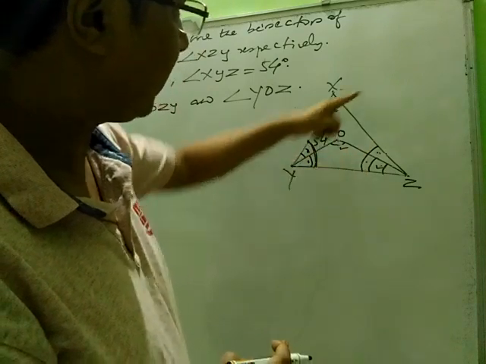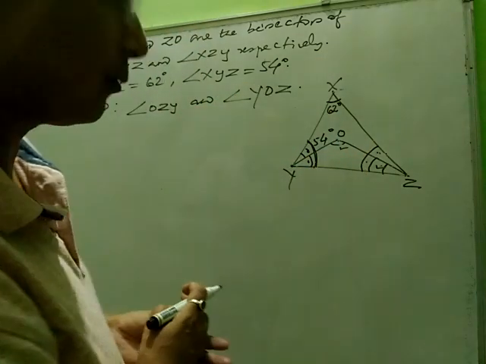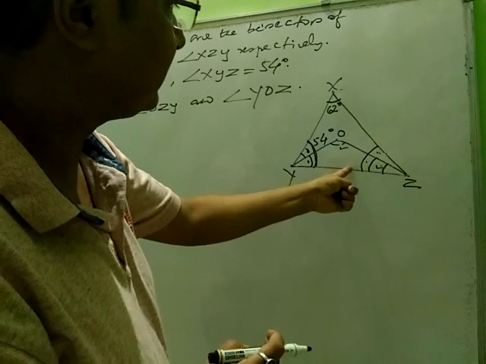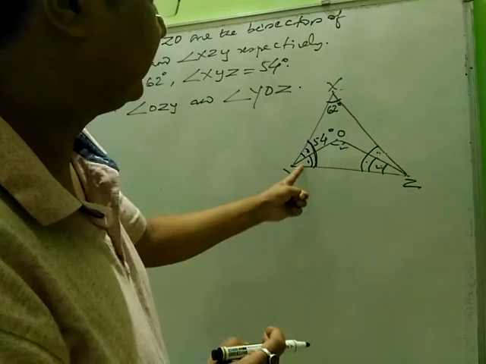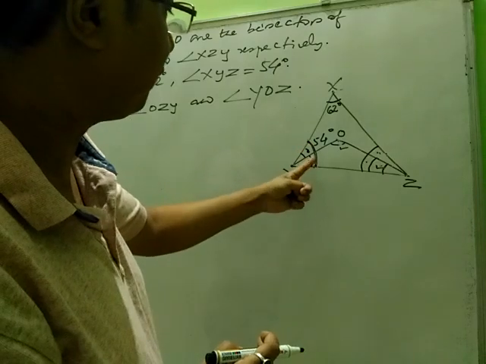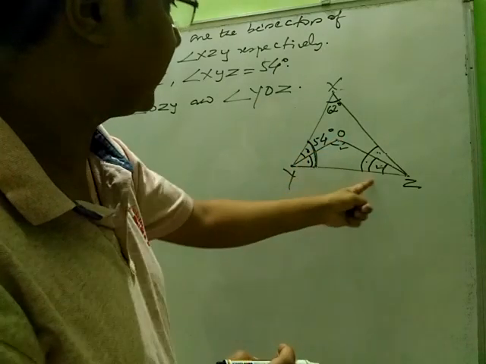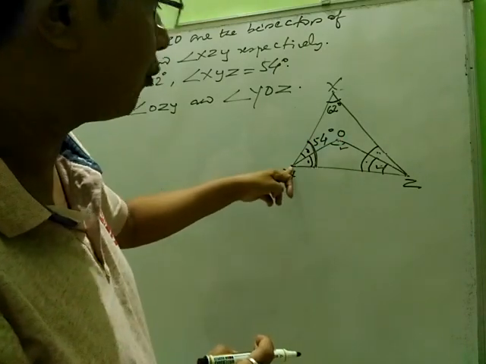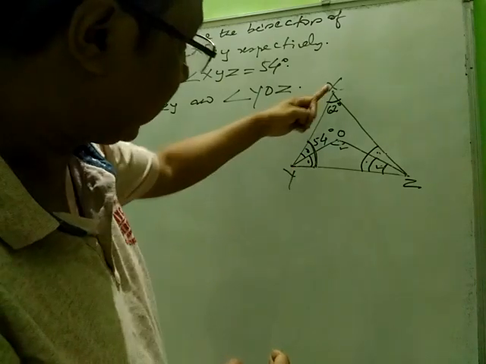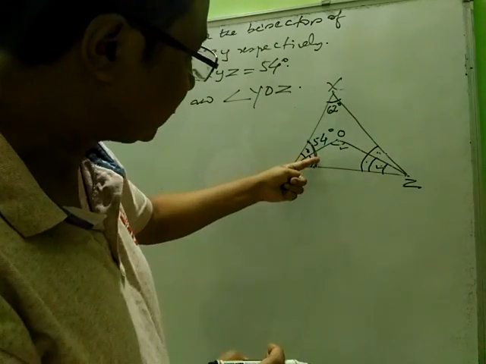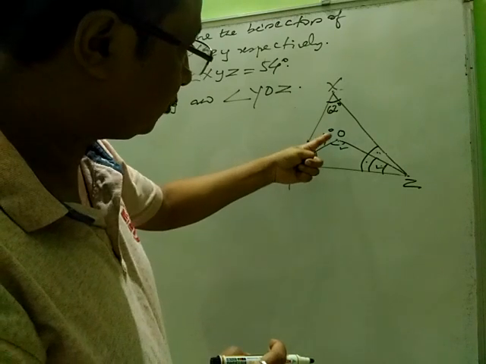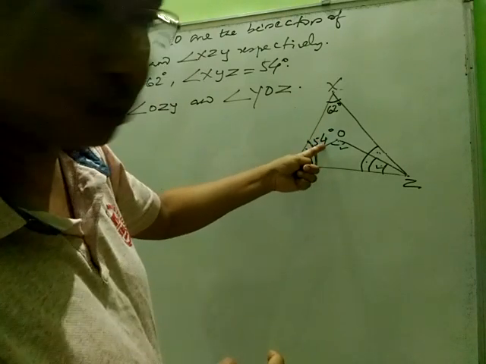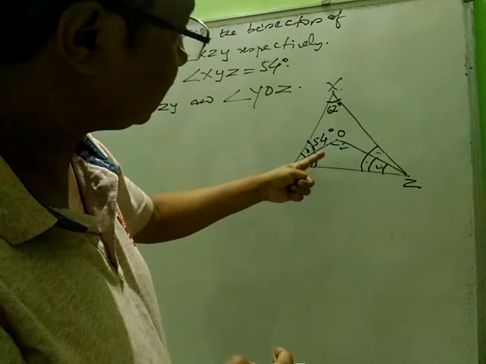Then you take half of this to get OZY. Then you take half of 54 to get OYZ, because YO bisects angle XYZ, which means these two angles will be equal. So you divide 54 by 2 and get 27.